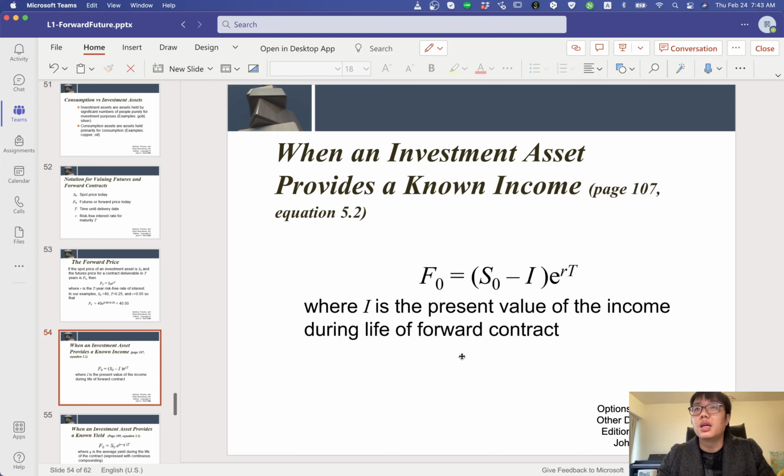During the time of the contract, if the underlying asset pays you some income, for example a stock paying dividends, the forward price needs to be recalculated by this formula. Here I is the income from the stock, for example how many dollars per share.